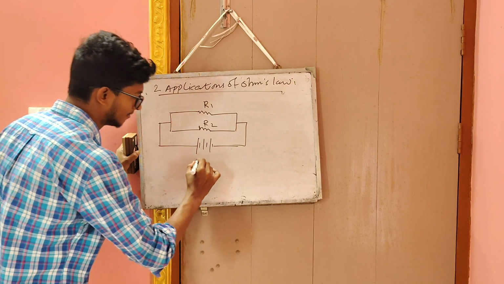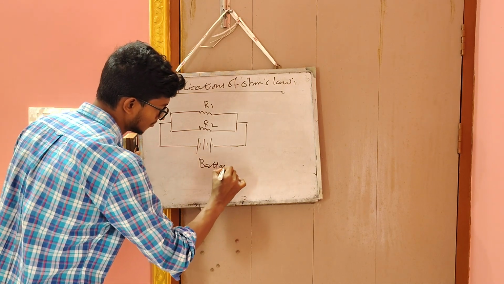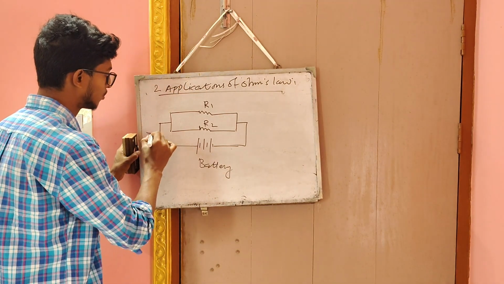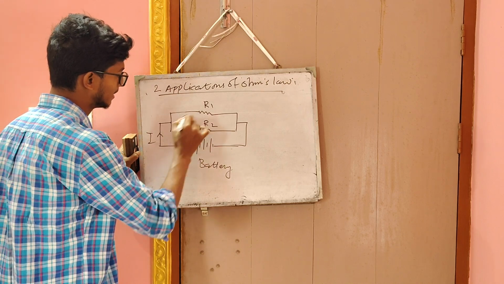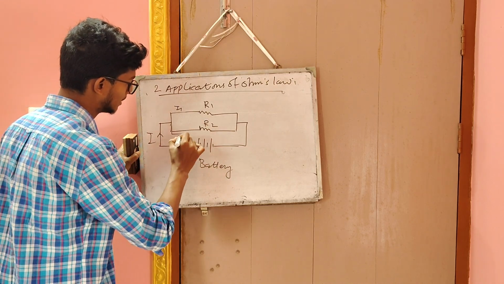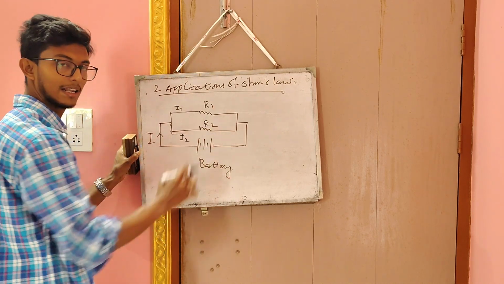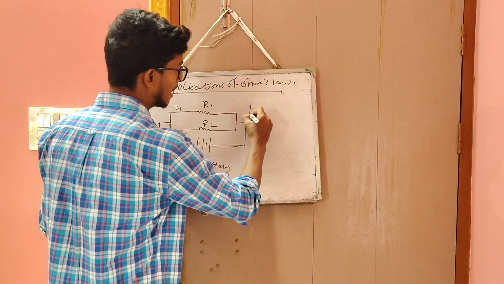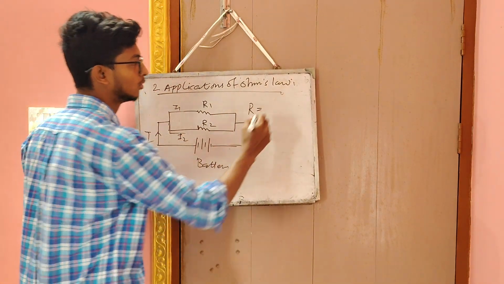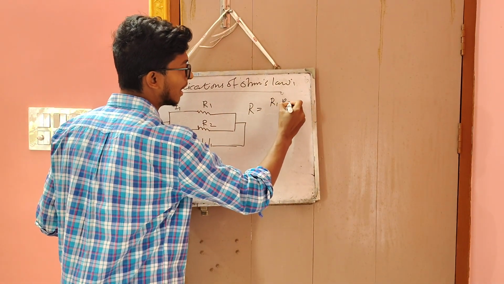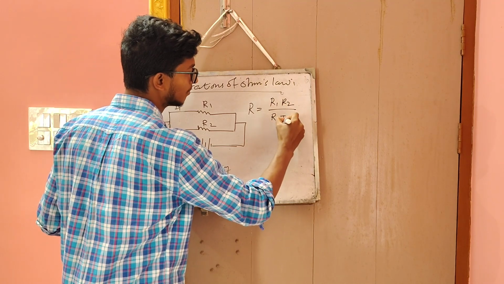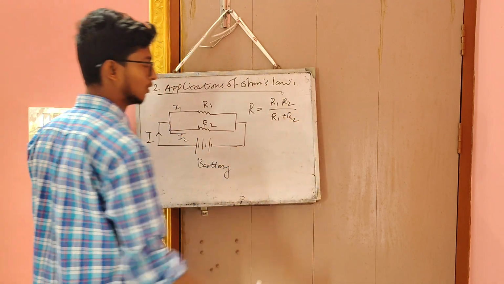Similarly, it is the battery, and this is the flow of current I. It is divided in two parts. This is I1 and this is I2. So the equivalent resistance we get is R is equal to R1 R2 by R1 plus R2.